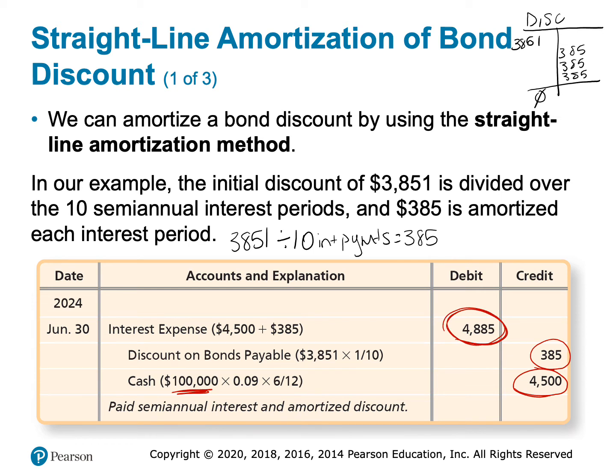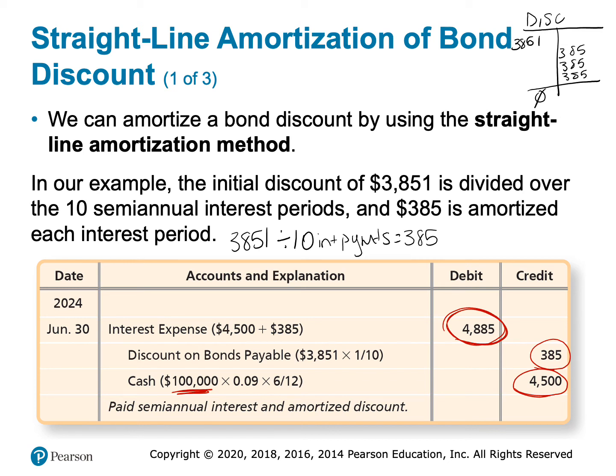Now, I'll warn you, a big mistake students make is we want to change the cash amount. The $4,500 is the amount of cash that we're paying. That does not change. So we're going to make this exact same entry 10 times. By the time that we've made it 10 times, the discount will be 0. The cash amount I will have paid out, we said, was $45,000.